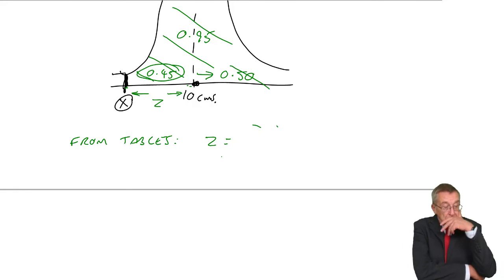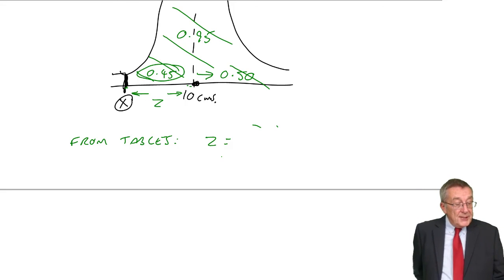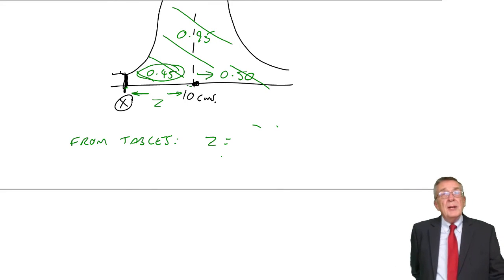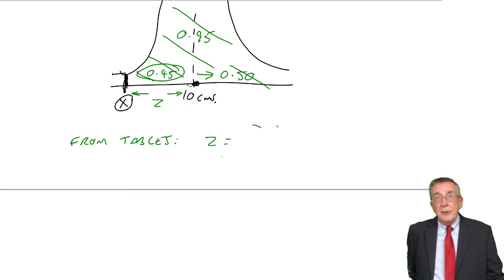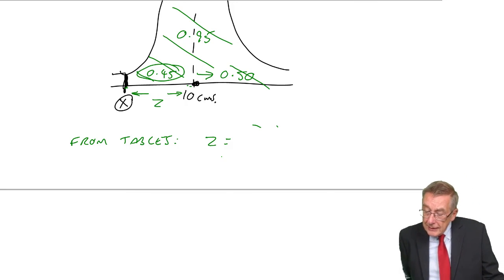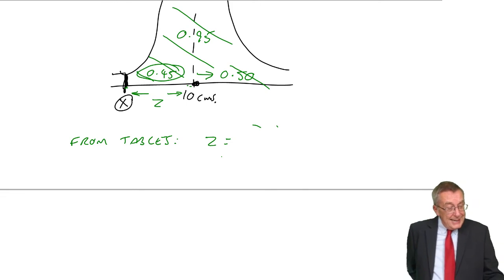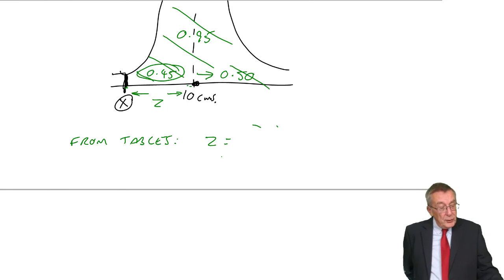Let's have a look. If you go down the left-hand column, 1.00 gives a probability of 0.3413. Well, I want 0.45. What about 1.90? Well, that gives 0.4713.